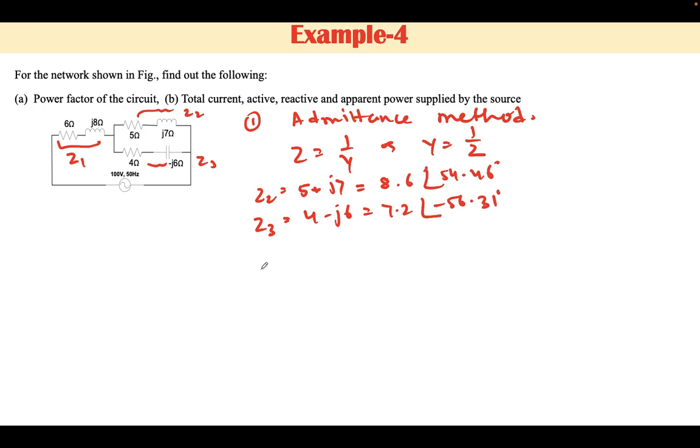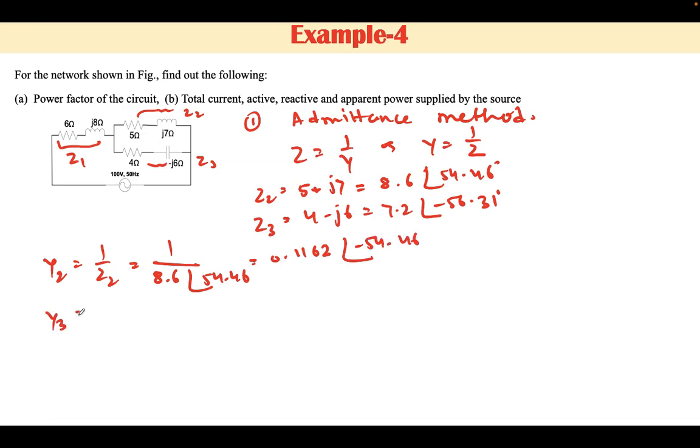By the definition, we know Y2 is equal to 1 by Z2, which is equal to 1 by 8.6 angle of 54.46. This is equal to 0.1162 angle of minus 54.46.